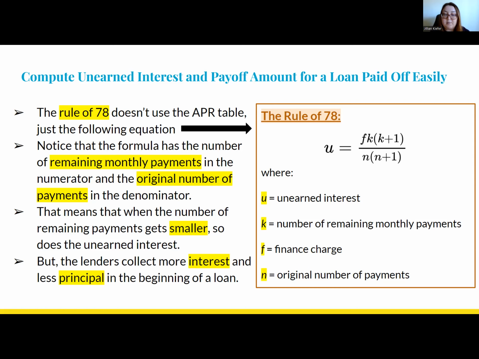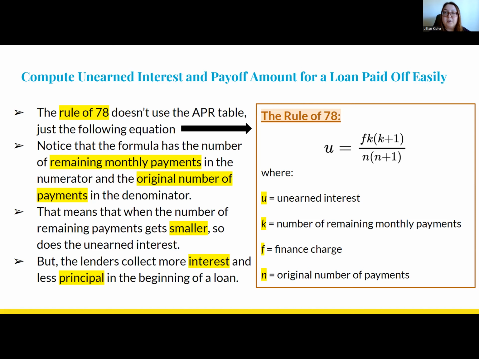But the lenders collect more interest and less principal in the beginning of a loan. So when you first start paying towards a loan, you're paying a large amount of interest. If you are paying the exact same amount of money every single month, in the beginning, since you owe so much more interest, those payments are paying off more interest than principal.